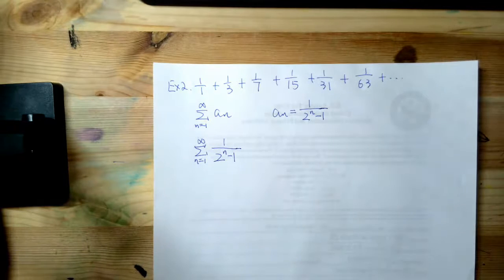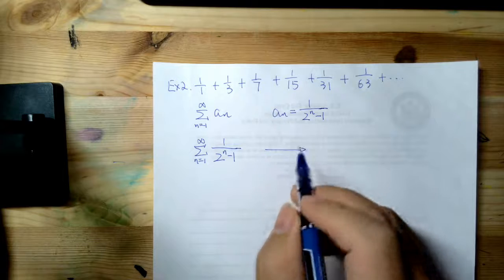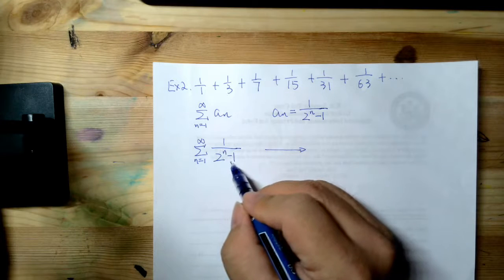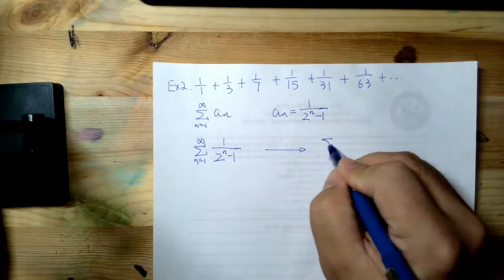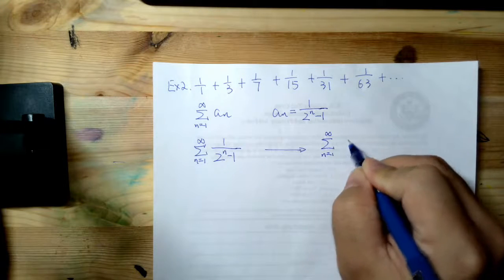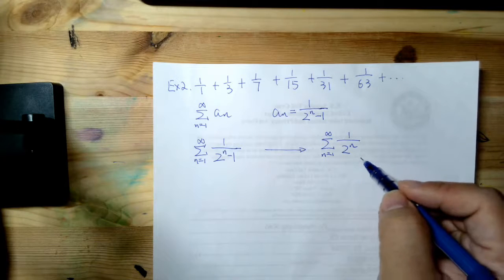In this problem, I can use the limit comparison test. You can think about it this way: when n becomes very large, my original series is going to behave very, very close to this series, right?